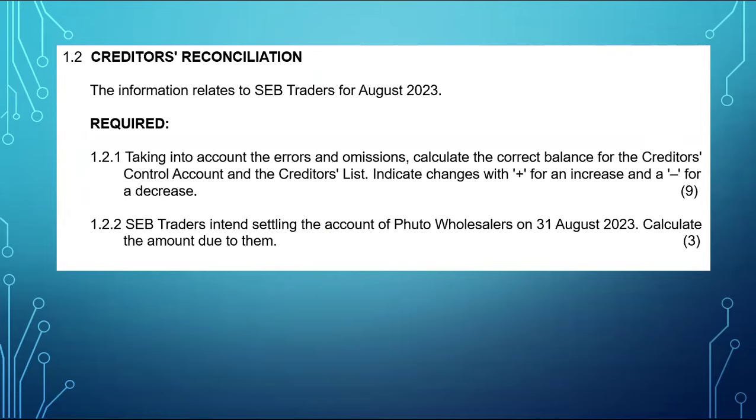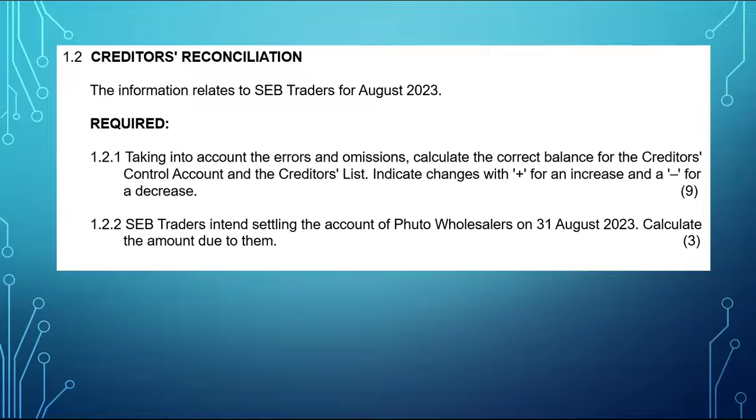The comparisons there that were found, we might need to correct them. If the mistake was made by us, we will definitely correct it in our books, which is either in the creditors control account or the creditors list. In this case, it's just between the two.